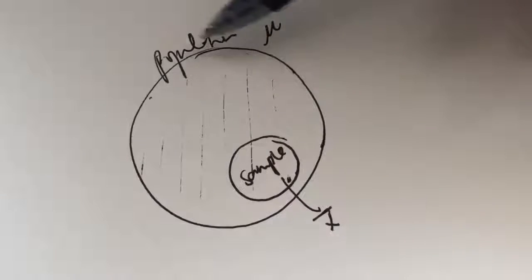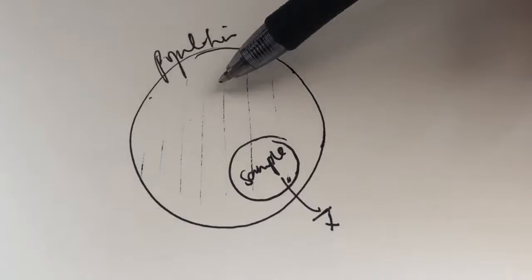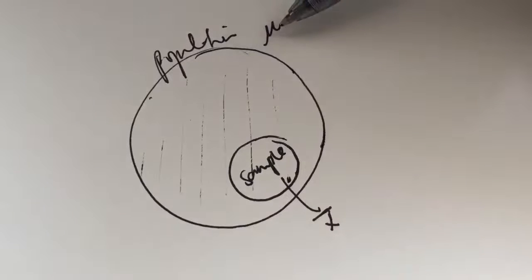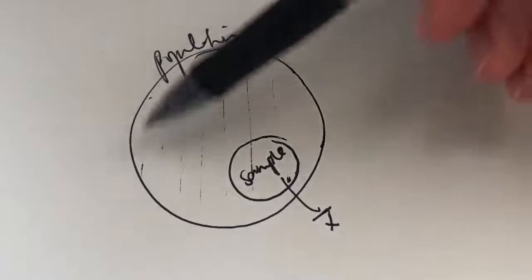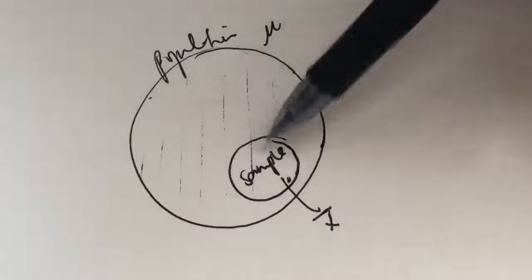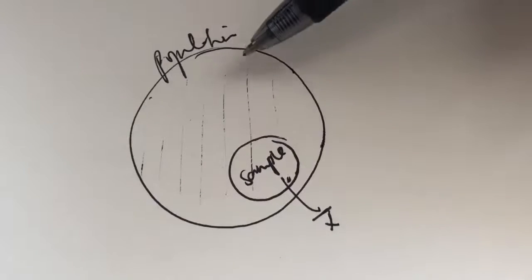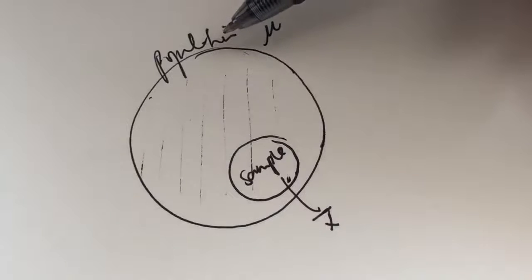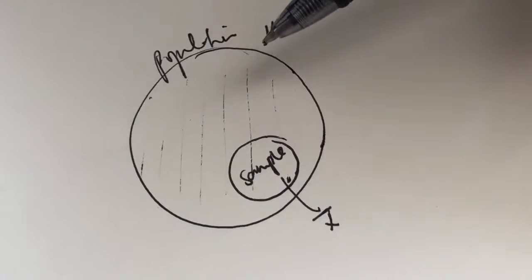Say this is our population. Okay, this big circle is our population. From our population, we'll be able to calculate our population average or mu. Okay, which means we just add all of the values from the items in our population and divide by the total number of the population size. However, as we've learned at the beginning of last topic, it's sometimes impossible to collect information from everyone or everything in the population.